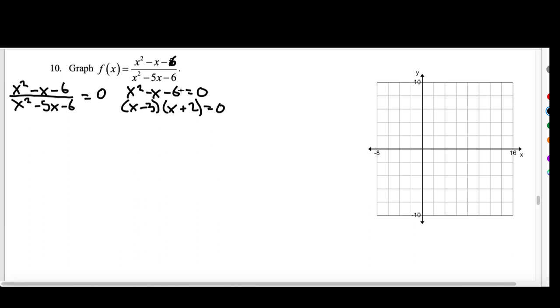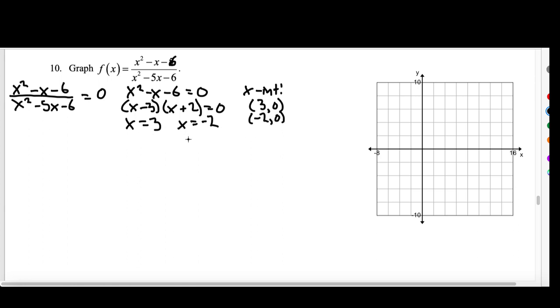And so the values that make the numerator 0 here are x equals 3 and x equals negative 2. So the x-intercepts here are the points 3, 0 and negative 2, 0. Okay?